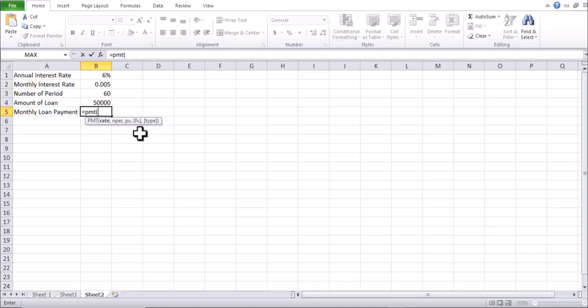PV is present value, which is the value of the loan. So let's go over this real quick. Since we are going to pay every month, the rate is 0.005, and NPER, which is the number of periods, is 60, and PV, the present value, is the amount of the loan. I close this and enter.